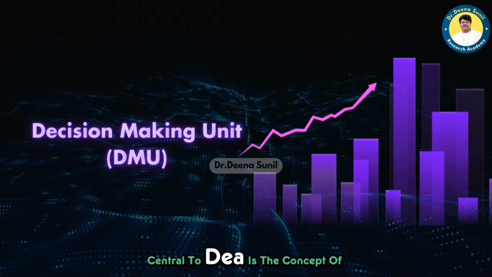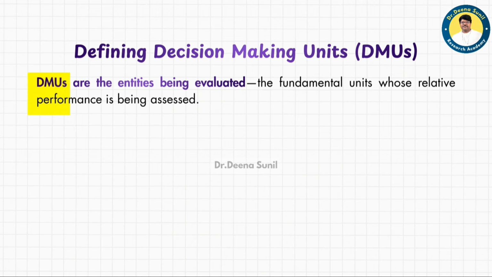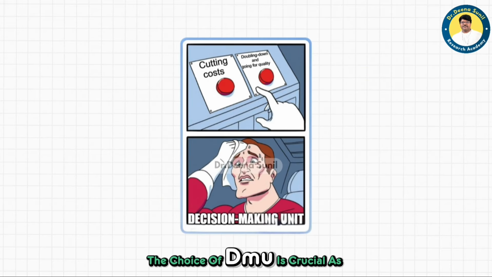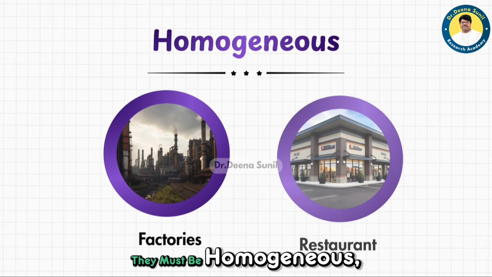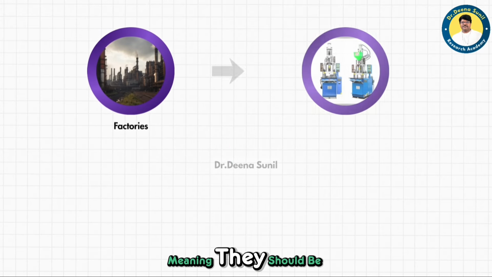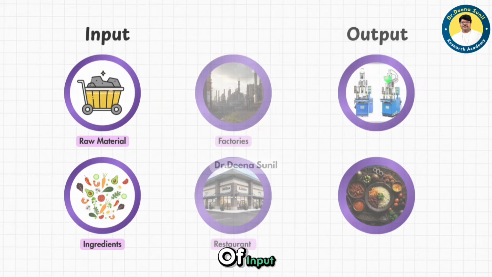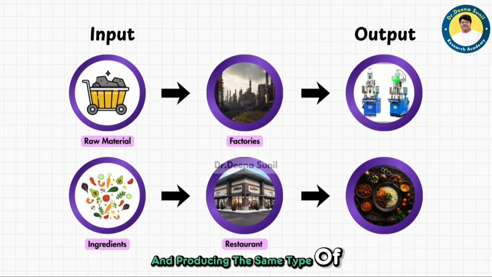Central to DEA is the concept of the decision-making unit, or DMU. DMUs are the entities being evaluated, the fundamental units whose relative performance is being assessed. The choice of DMU is crucial, as they must be homogeneous, meaning they should be performing the same basic task, using the same type of inputs and producing the same type of outputs.